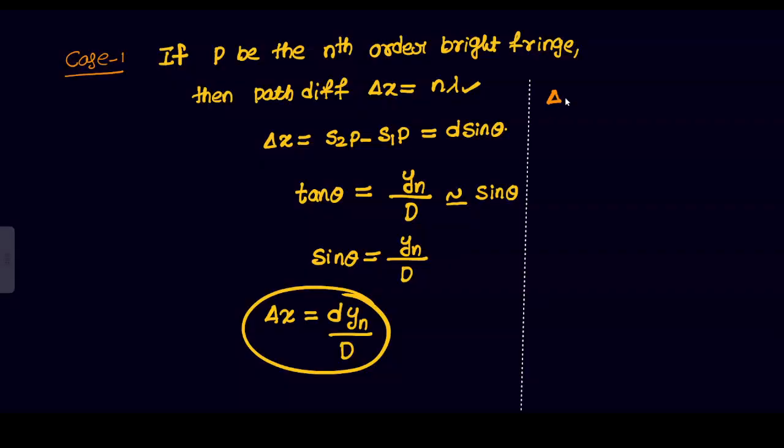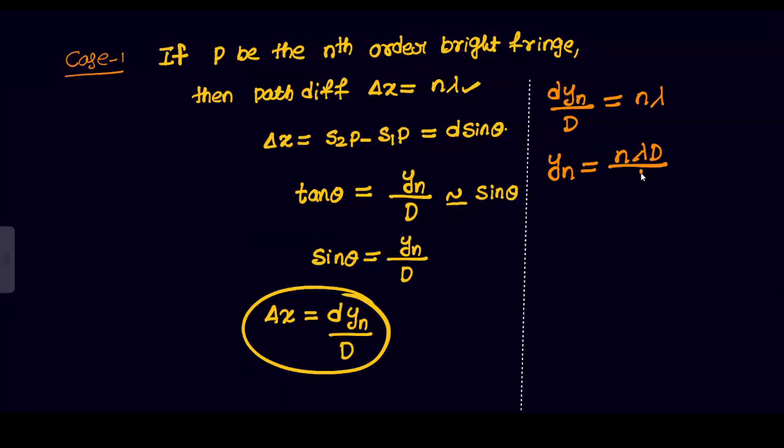This means delta x, d into yn by capital D, equals n lambda. From this, yn equals n lambda capital D by small d. This is yn: yn equals n lambda capital D by small d.